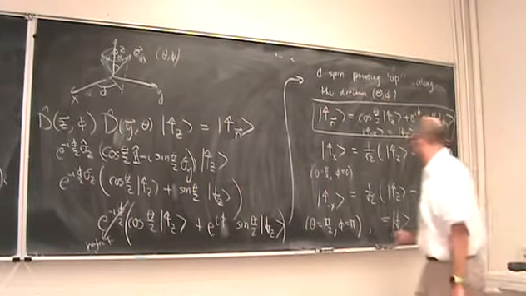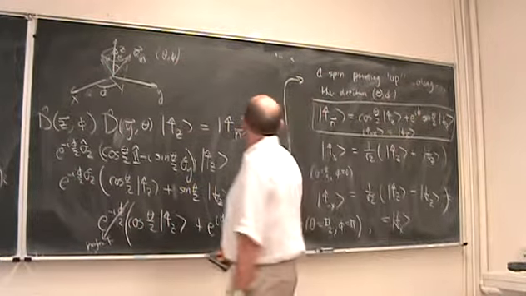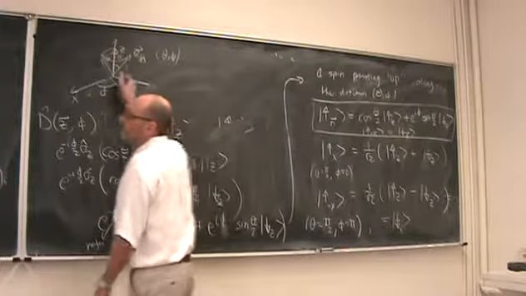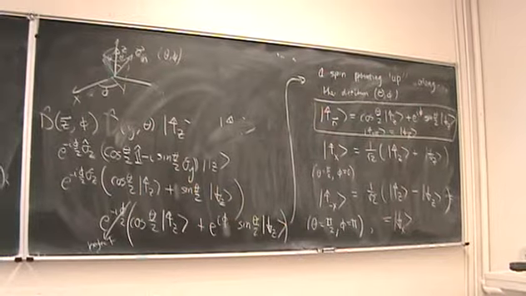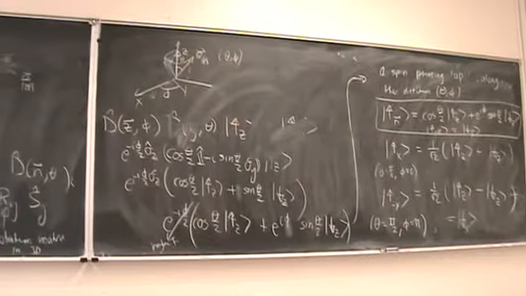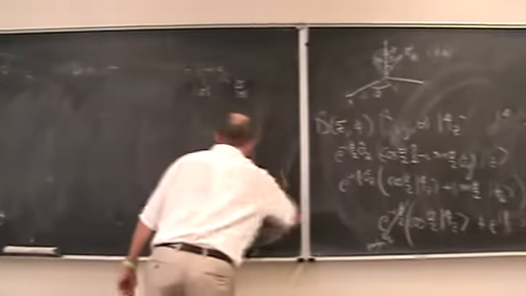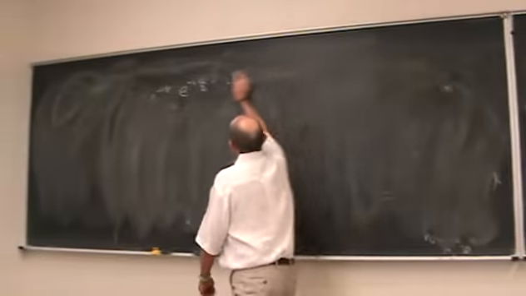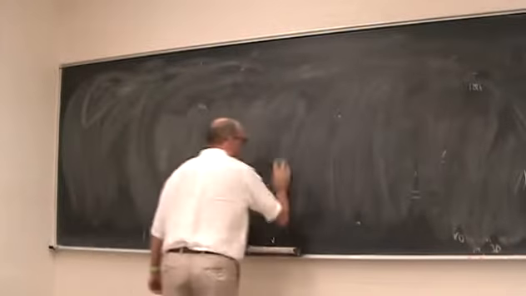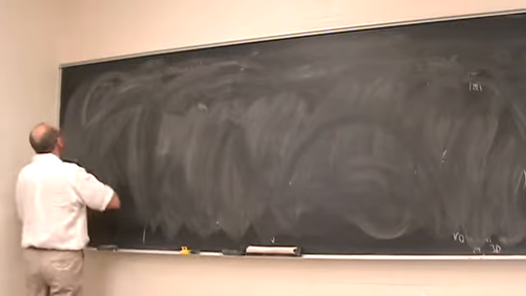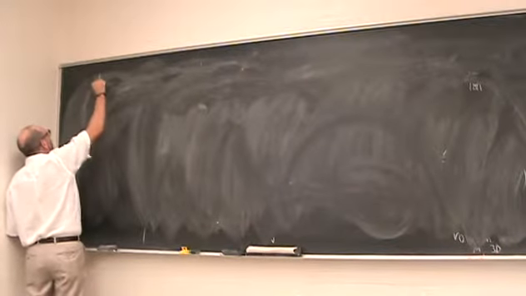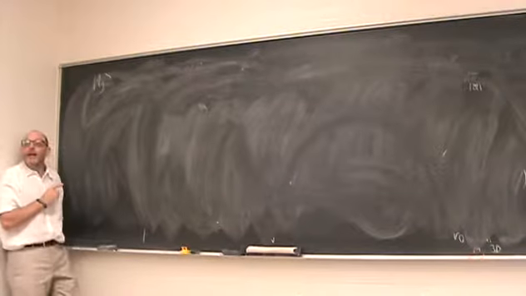What about spin up and spin down along y? Spin up along y, what are theta and phi in that case?